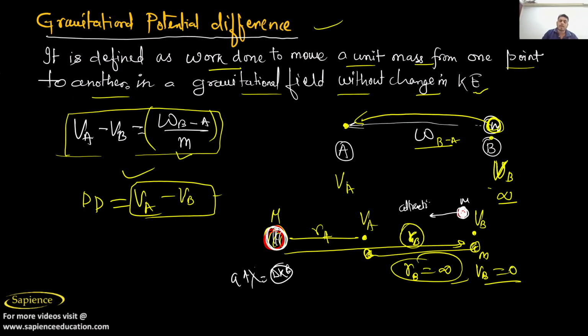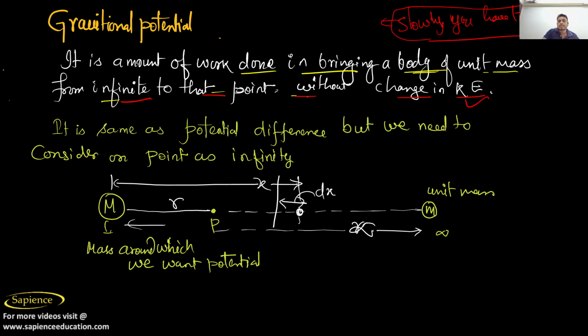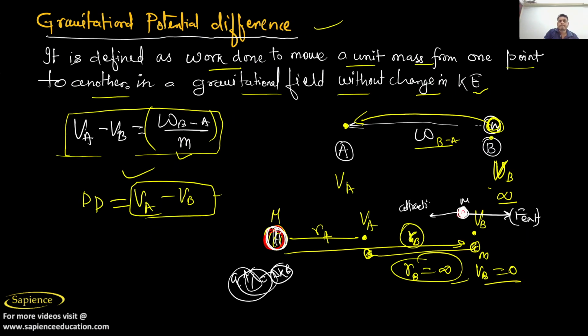But we don't want that, right? If we don't want that, then we have to apply a force externally. If you apply a force externally, this body will move slowly. Let us see in detail.